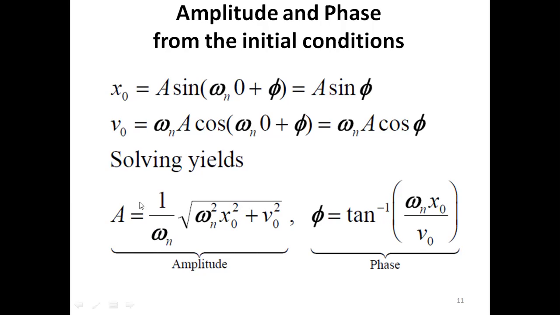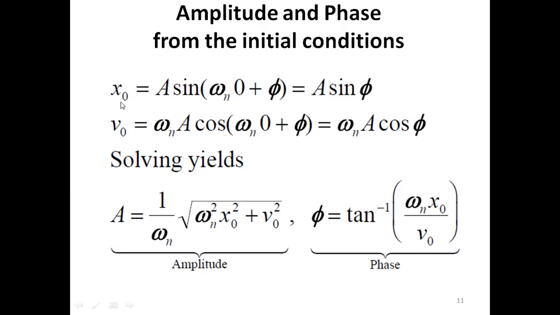We have the equation x of t is equal to A sine omega n t plus phi, and our initial conditions are x of 0 is equal to x naught and x dot of 0 is v naught. I'm using the first initial condition in my displacement equation.